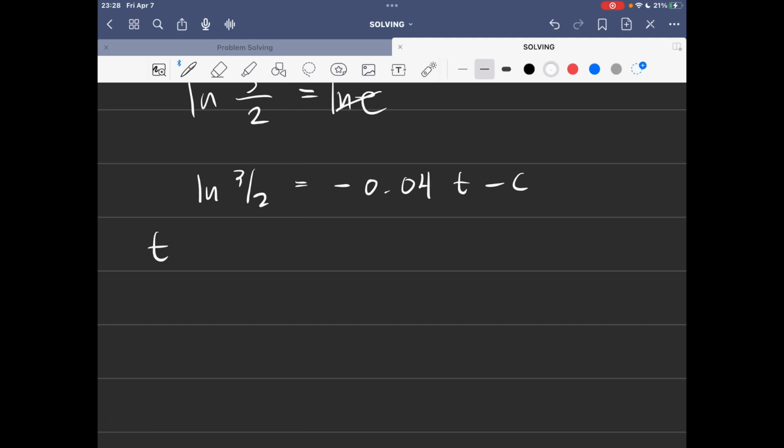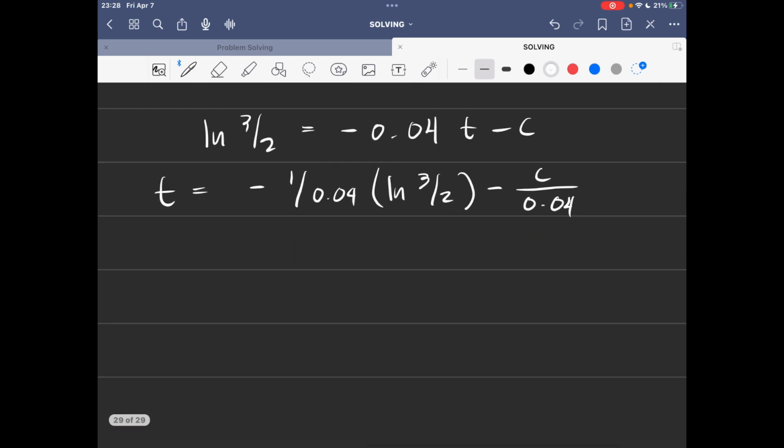So t is equal to negative 1 over 0.04 times ln of 3 halves minus c over 0.04. So again, t is non-negative, so there is no time for when x is equal to 25 pounds. So it is still 25 pounds.